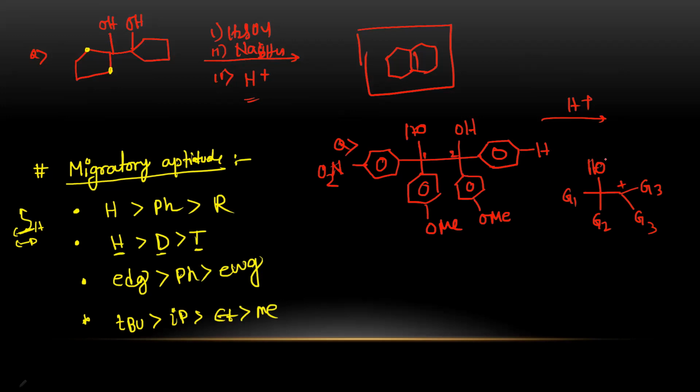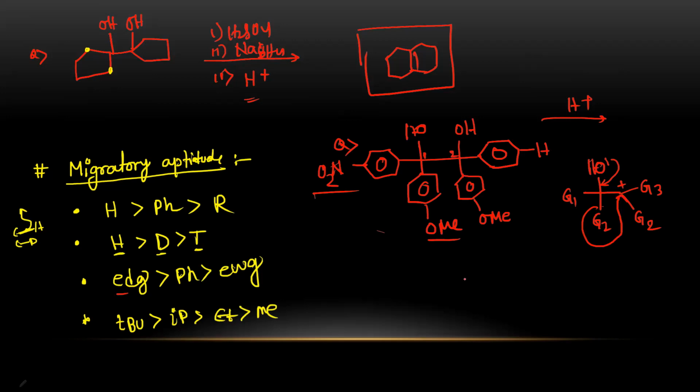Now it's time for migration. The OH bond will lead to a double bond here. Now group G1 and G2 will migrate, OMe and NO2, which one? OMe, because it is an electron donating group. So G2 will migrate.